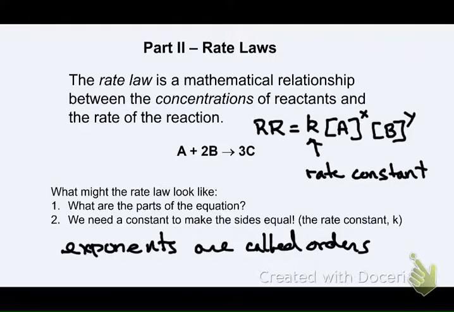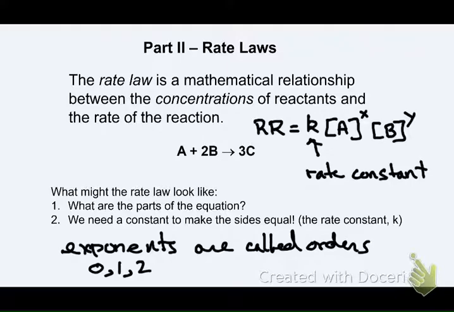There are 3 common orders that we see, though they don't have to be: 0, 1, and 2. So the X on A could be 0, 1, or 2. If it's 0, then what's the number raised to the 0 power? It's 1, always 1. If it's 1, it's just whatever the number is. If it's 2, it's squared. You have to square the number. So this is the way these things look.